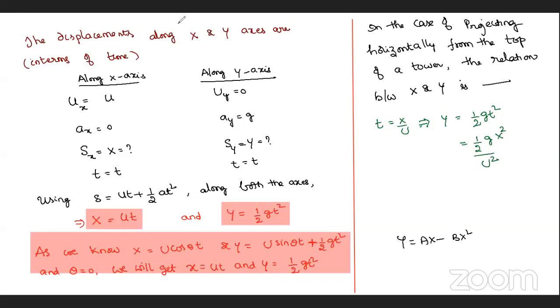So y is equals to some constant, half g by u square, which is a constant, into x square. All those are constant, so I assume it as a or b. That is your wish. Here I am getting only one constant, so I go with a into x square, where a is equals to the constant I got, half g by u square.